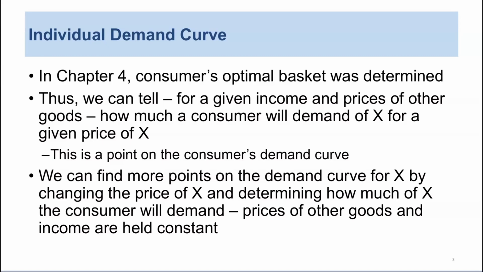Likewise, we can find more points on the demand curve for X by changing the price of X and determining how much X the consumer will demand, with prices of other goods and income held fixed.